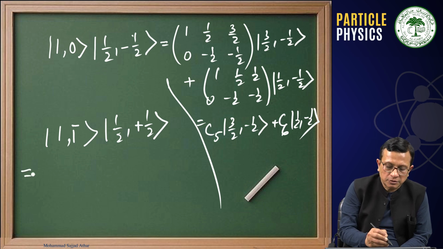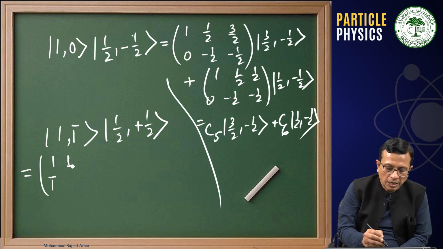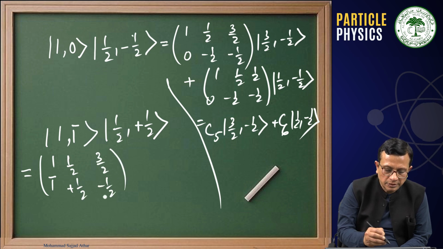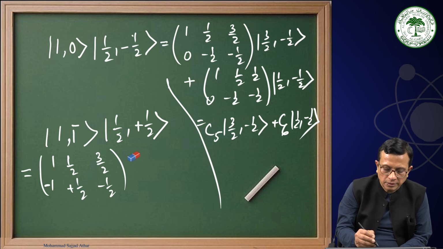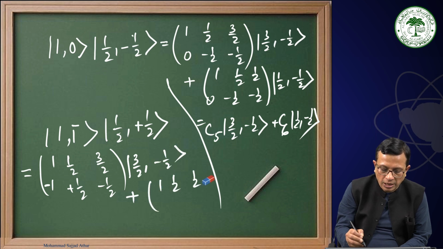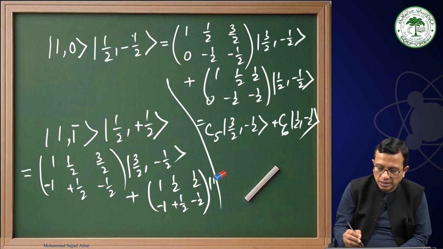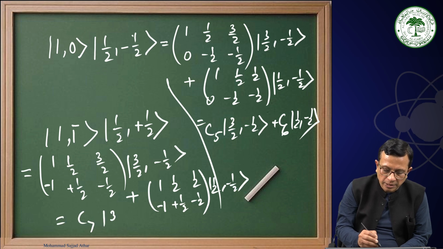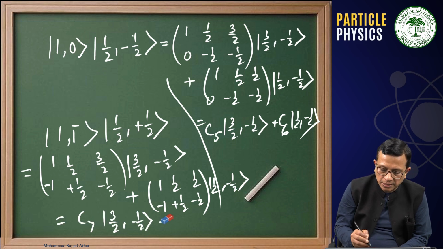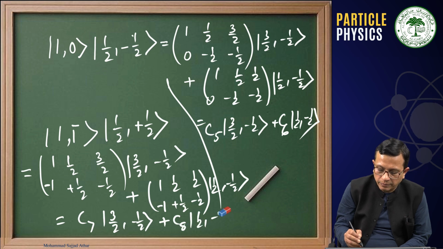And here this will be 1 minus 1, half plus half, which is 3 by 2 minus half, then 1 half half minus 1 plus half minus half, this is the half minus half state. This is C7 3 by 2 minus half plus C8 half minus half.